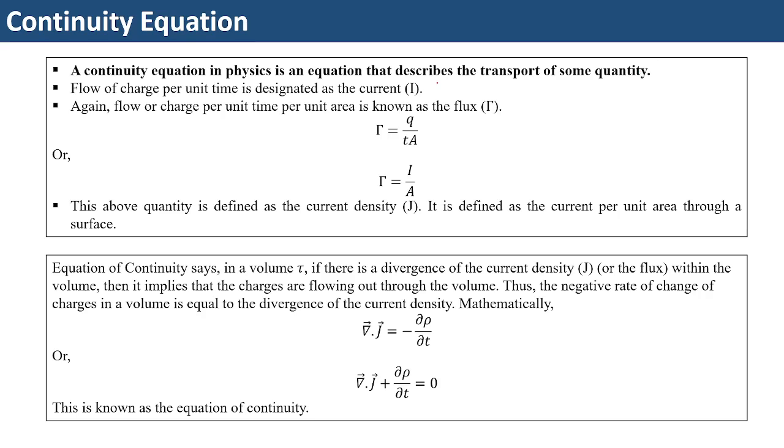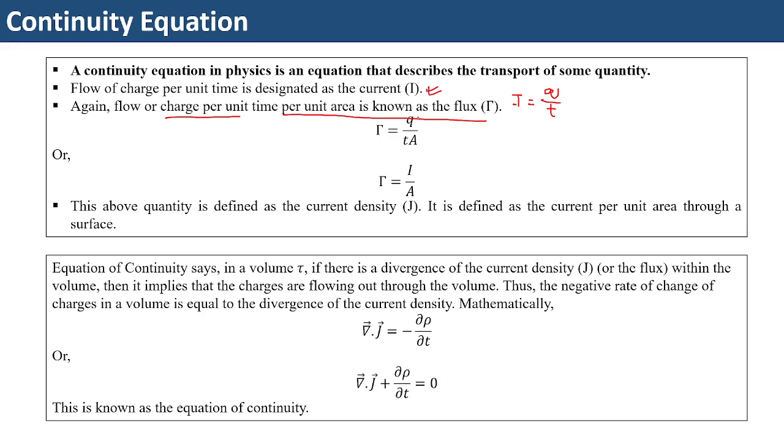What we know is that the flow of charge per unit time is called current. That means current is basically given by charge per unit time. That is a very crude definition of the current. Again, the flow of charge per unit time, per unit area, is known as the flux. Normally the flux definition is anything per unit area per unit time. So if you talk about charges, then charge per unit area per unit time will be the flux of charges.